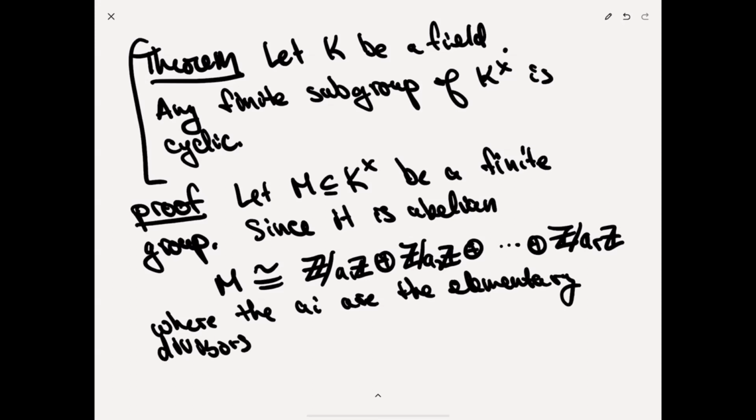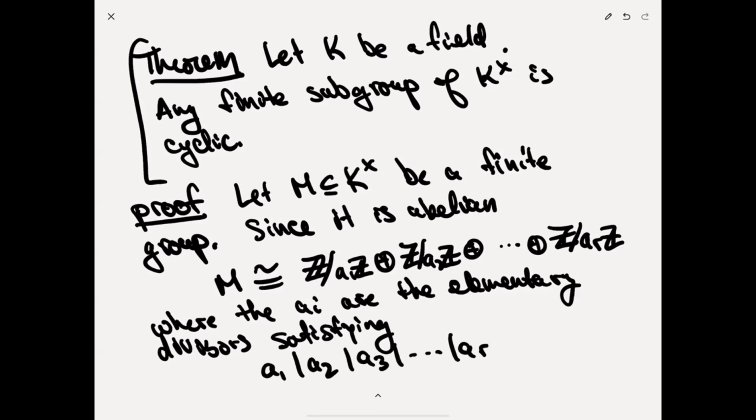Just as a general warning for the uninitiated, depending on what book you read, people will say elementary divisor or invariant factor, and people are all over the place on the terminology. But what I mean is, these are the elementary divisors satisfying A1 divides A2 divides A3 all the way up to AR. So AR is the biggest one, and it has all the prime factors.